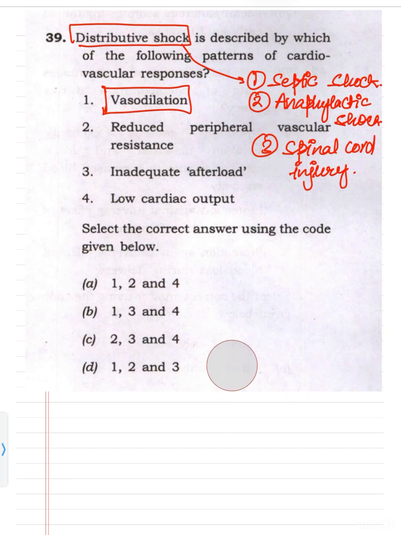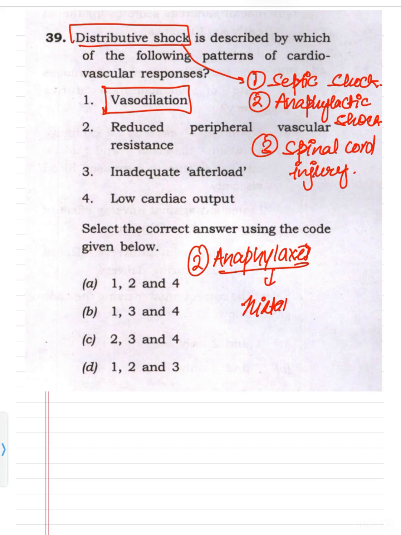Coming to the second one, anaphylactic shock. In anaphylaxis, there is release of histamine. Histamine leads to vasodilation. Coming to the third one, spinal cord injury.